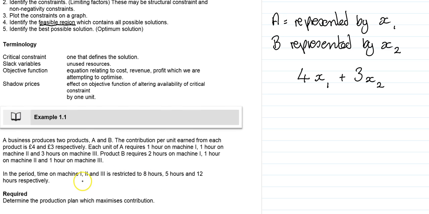Once we've got the objective function, we then look at the constraints. Here we've got our constraints. Machine 1, machine 2, machine 3 is restricted to 8 hours, 5 hours and 12 hours respectively. So let's look at those constraints.